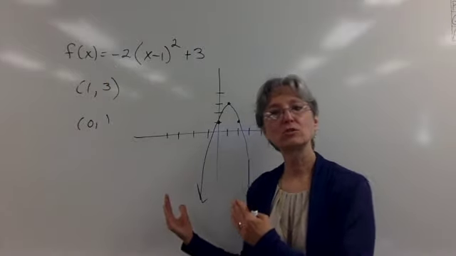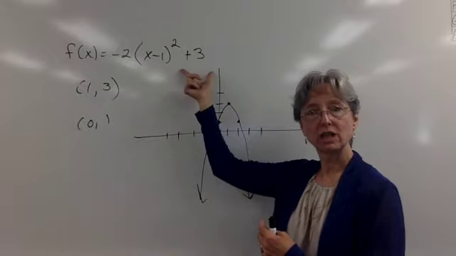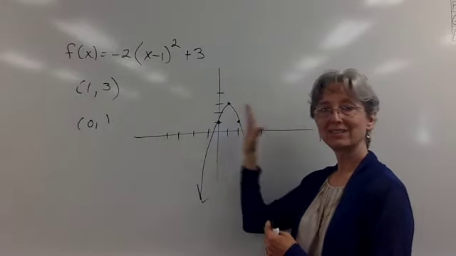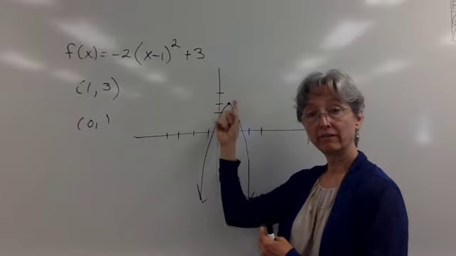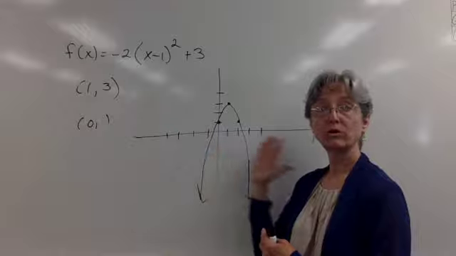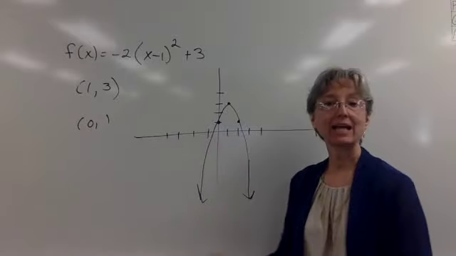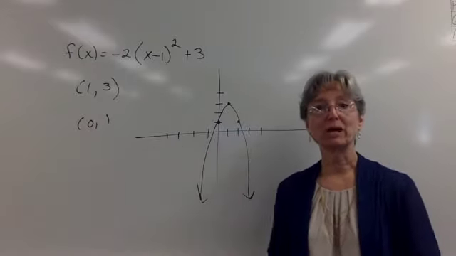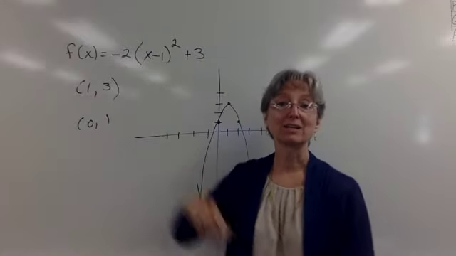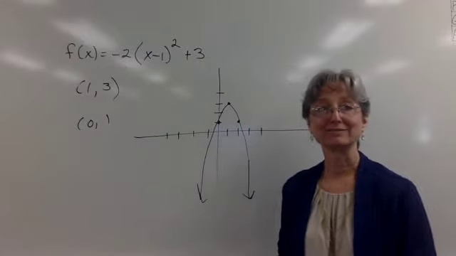I would just find the vertex, plot that, and then select one or two points on either side of the x of your vertex. Plug that in to find one or two more points, reflect them, and that's enough to draw your parabola. And this one's fairly thin and steep, which we would expect because that number is greater than 1.